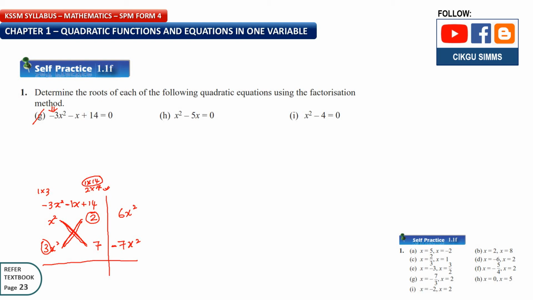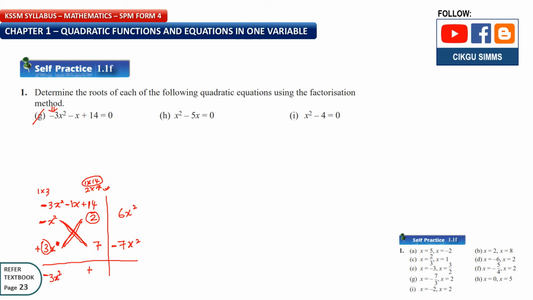Okay. And then you cannot put a negative here at the 7 because I have positive 14. So if you put it here, it's not positive here anymore. Okay, so you need to put it at the front. Okay, so at the front here is good because I have a negative here. So negative times positive is a negative. 3x squared.